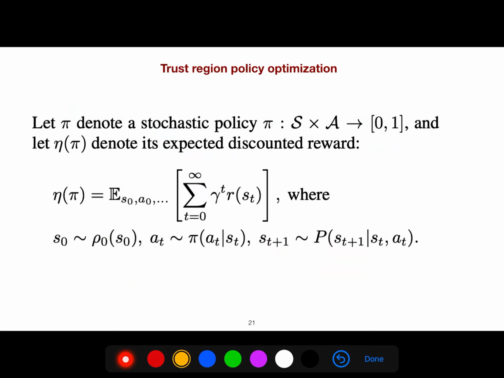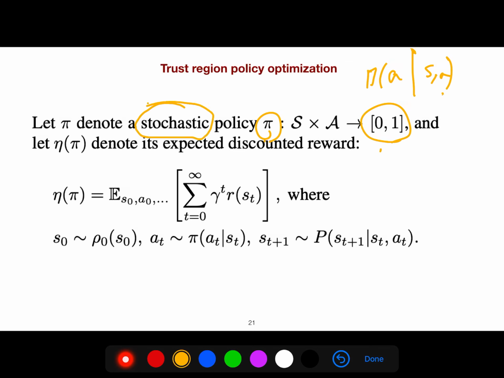In trust region policy optimization, the policy is just a probability, because you want to know, given a state, what is the probability of each action. So it's a mapping: in this state, you choose what action with what probability. It's a probability of action because it's a stochastic policy.